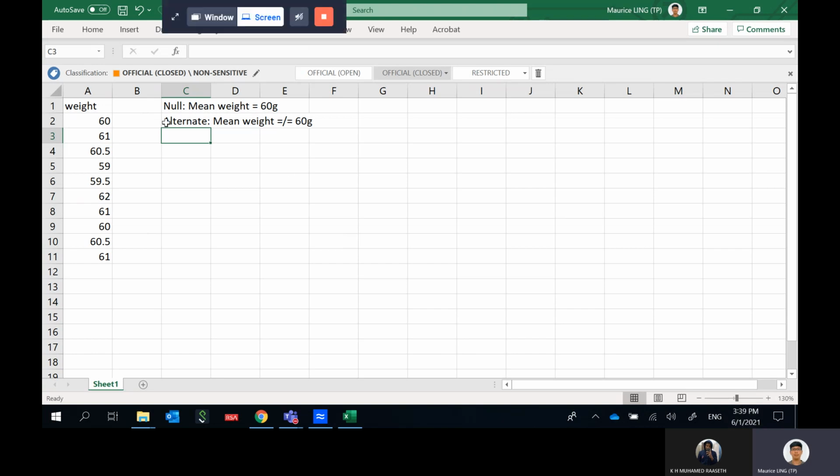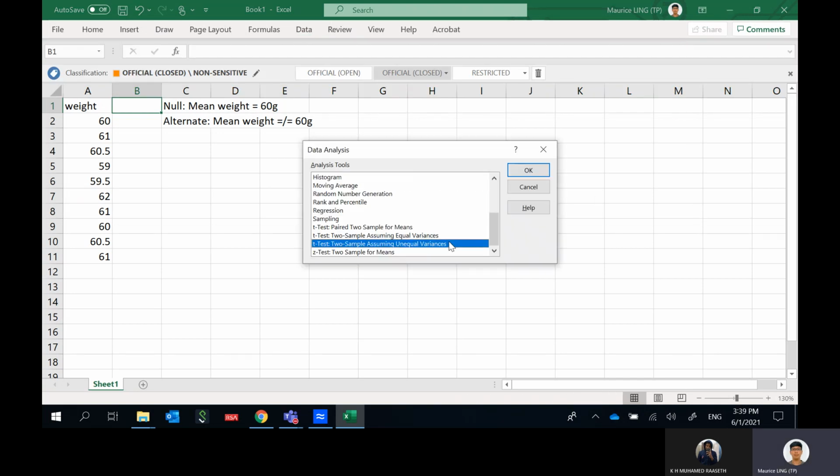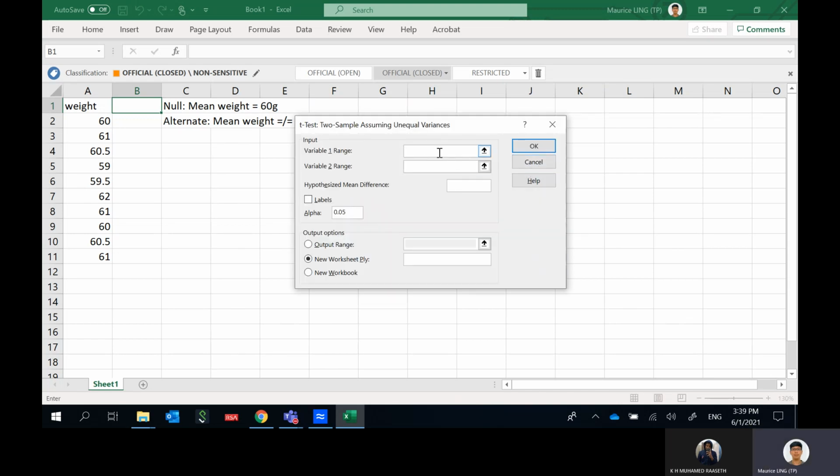But we need something called a dummy variable, because if you go to the data analysis tab and choose t-test two sample assuming unequal variance, the second last one, you need to enter both ranges. You need to enter two sets of data for the calculation.